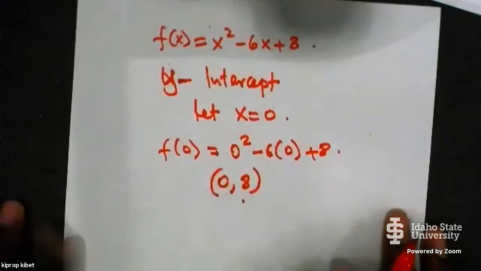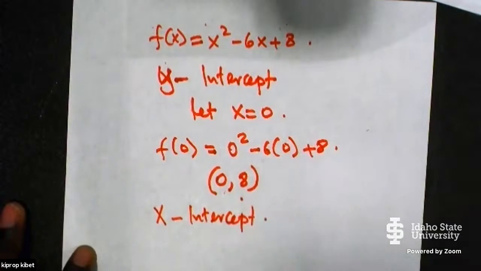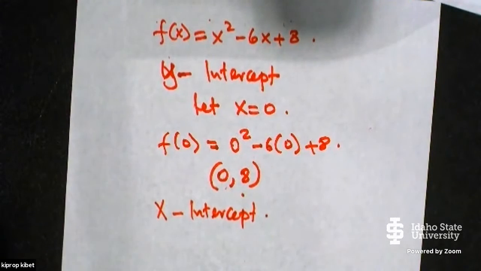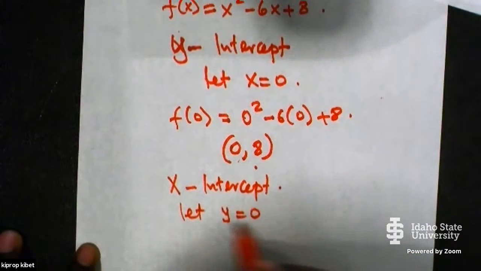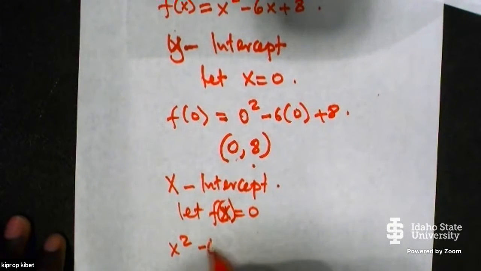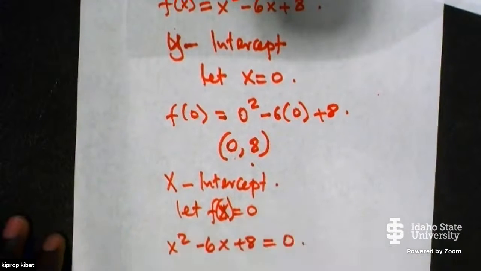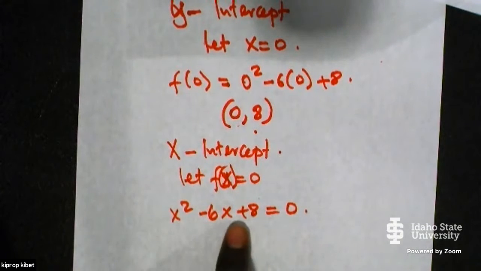Now, let's get the x-intercept. So our x-intercept, you let y be equal to 0. And this y is the same as f of x equals 0. So x squared minus 6x plus 8 equals 0. Then now we can use the factor method there. Our sum is minus 6 and our product is 8.